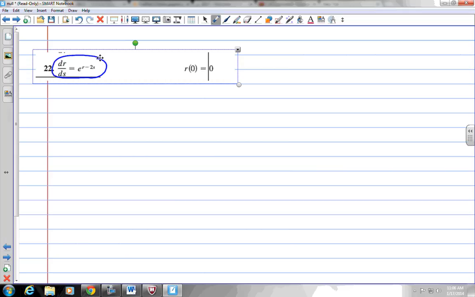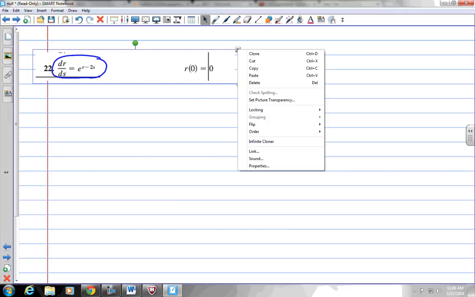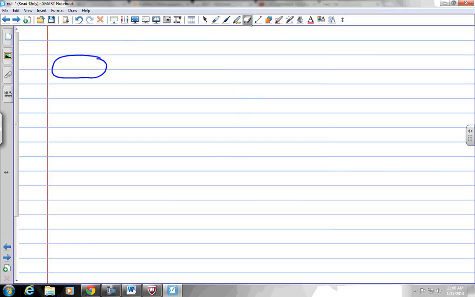I'll just write this one. This one is a mess. So this was question 22. Did anybody remember the initial condition? Okay. So dr ds equals e to the r minus 2s and r of 0 equals 0.